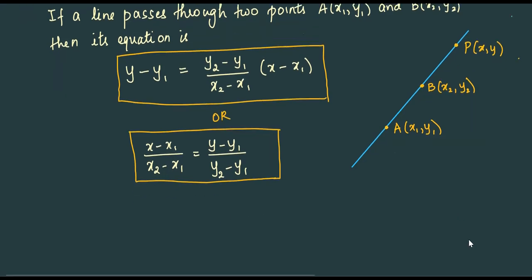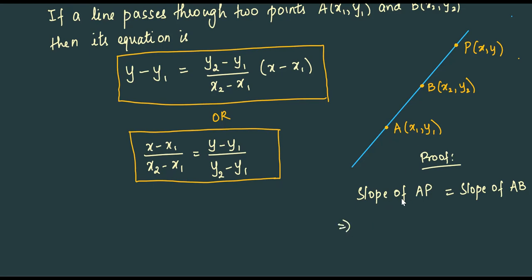Because all the 3 points are on the same line, the slope of AP will be equal to the slope of AB, because they are collinear.